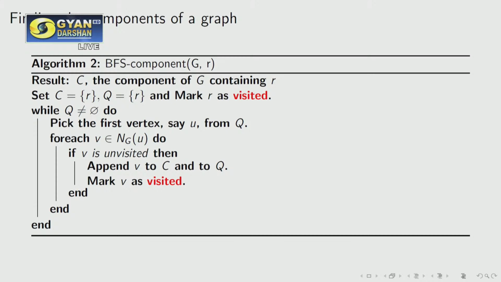In that way you will find another component, and that component can be printed, and if there are still unvisited vertices, you can again call this. So you have to repeatedly call the BFS algorithm each time with a different root to print all the components of the graph.